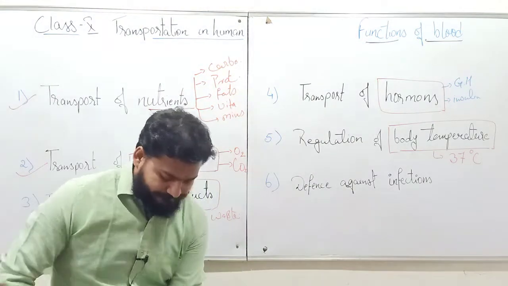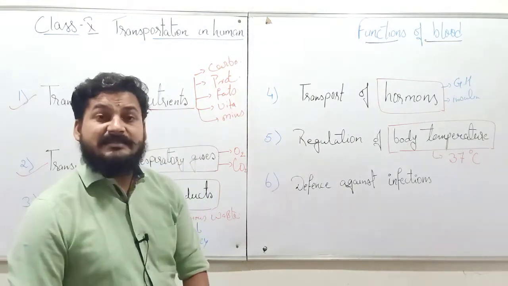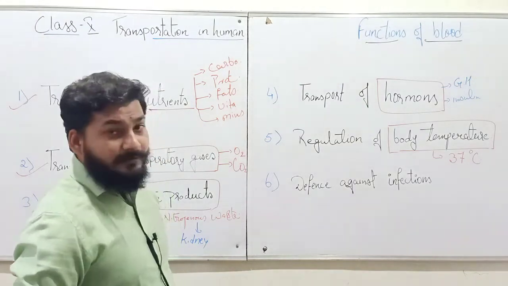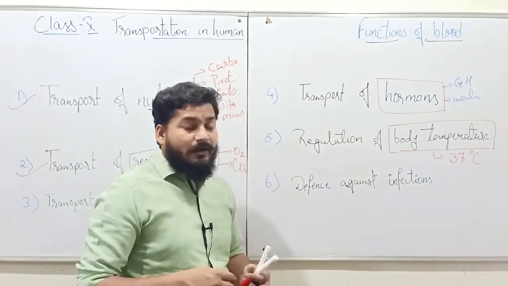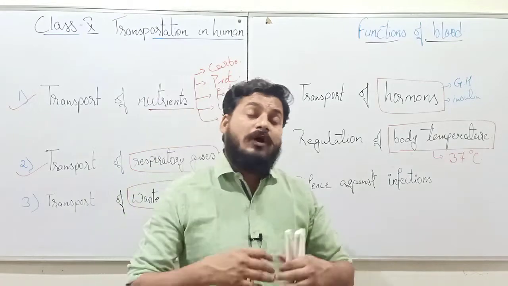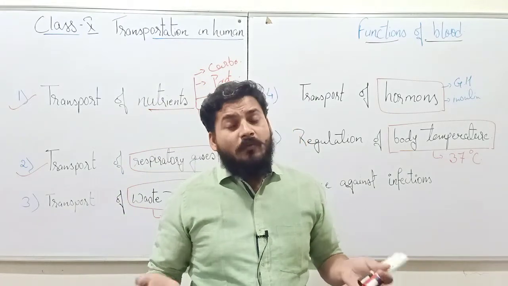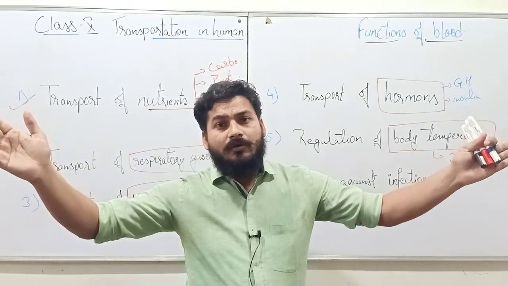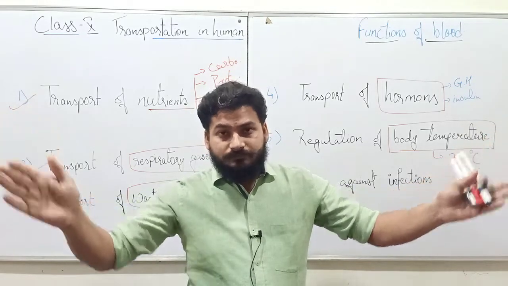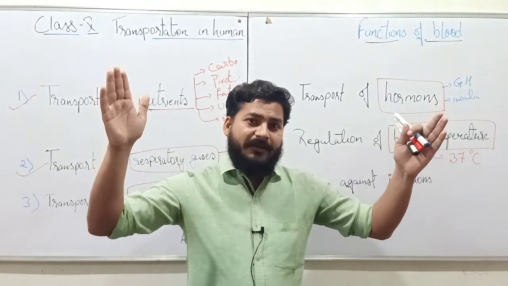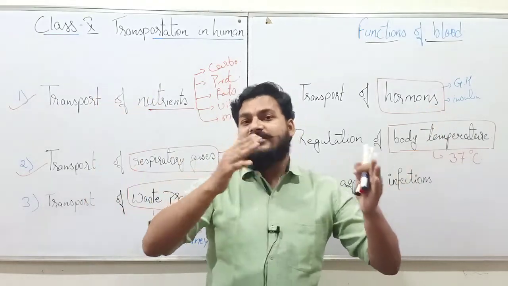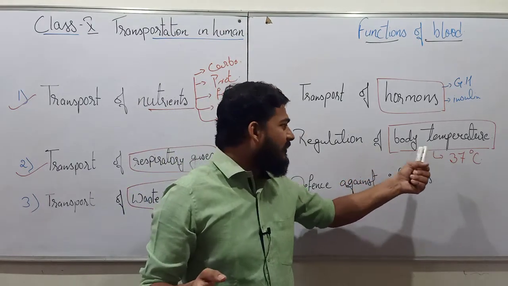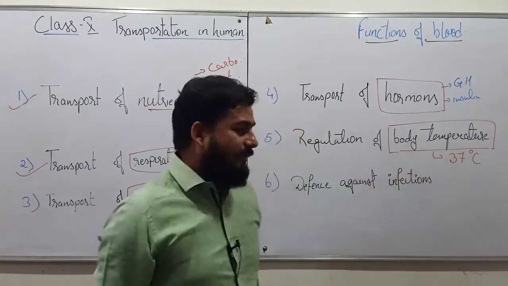And this is maintained by the blood, because it is the blood which can flow throughout the body, and with ease it can distribute the whole heat throughout the body, and this equalized distribution of heat helps in the regulation of body temperature.